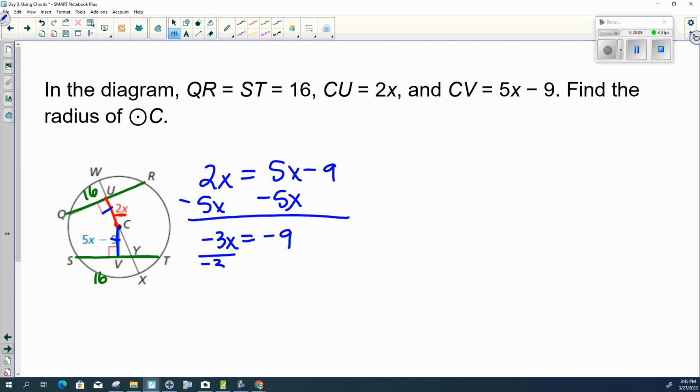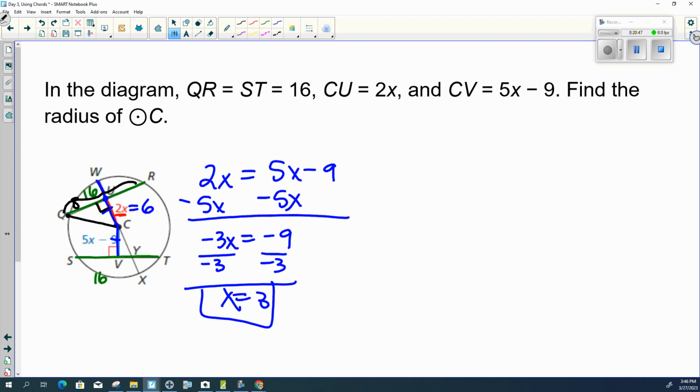At any time, you just push pause if I'm going too fast. If x is 3, I know that from here to the center is going to be 6. Now, how do I find the rest of the radius? I feel like this is a bit of a stretch, but if I take this end here and connect it with the center, and I know that half of this, because of this perpendicular here, is 8.